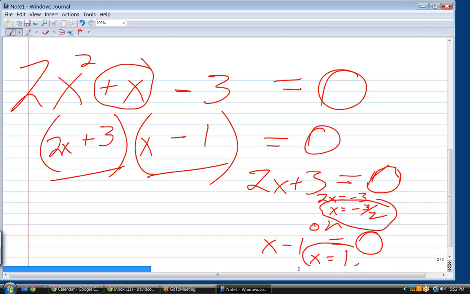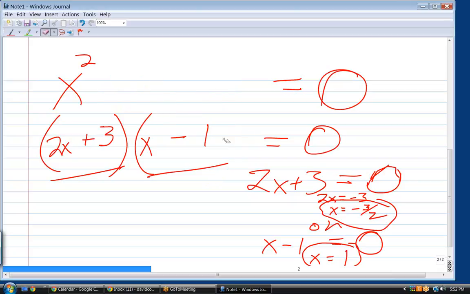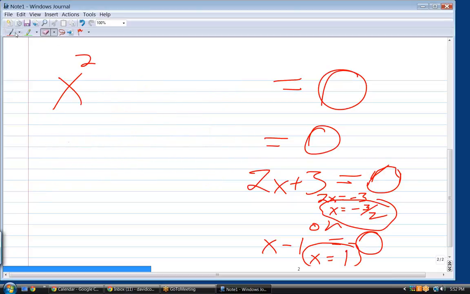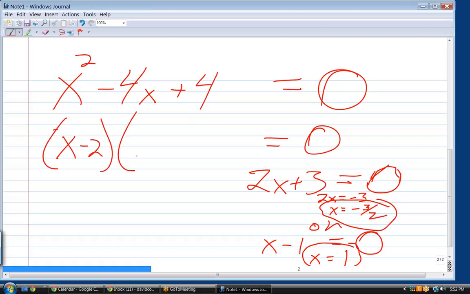Now typically quadratics always have two answers. They don't always have to have two different answers. Sometimes they can have the same answer twice. But technically they always have two answers. In other words, if I had this quadratic, that's going to factor into x minus 2 times x minus 2.